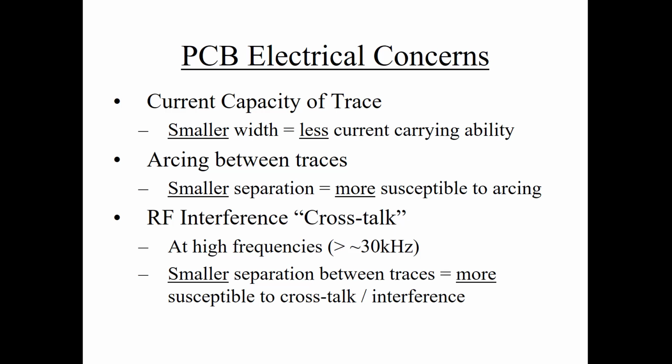Also, you want to make sure that there's no arcing between your traces. The closer traces are, the more susceptible they are to arcing. And then also for high frequency designs, the separation also has to do with how susceptible they are to interference, what's called crosstalk. Now, in this class, we don't have to worry about this. We're not dealing with any high frequencies, but in the future, it's quite likely you may have something that is operating at a frequency more than 30 kilohertz, and you'll have to be concerned with this.